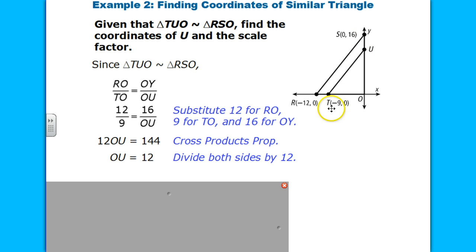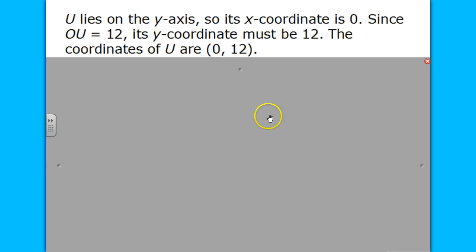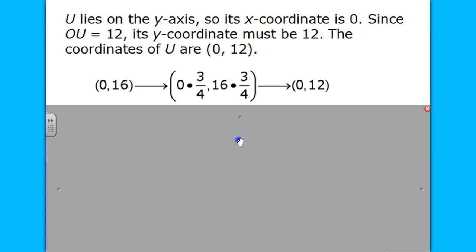Well, I guess they're using the same scale factor for both coordinates. So what is the factor that we're multiplying by? How do you get from negative 9 to negative 12? And do you also get from 12 to 16? Okay, so you can set that up if you want the way they did. Going from 0, 16 to 0, 12, we would multiply by 3/4, right?